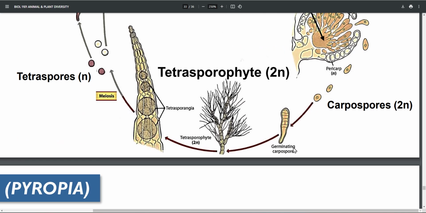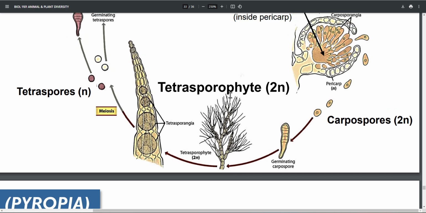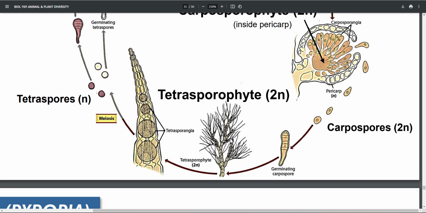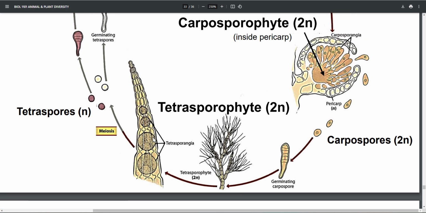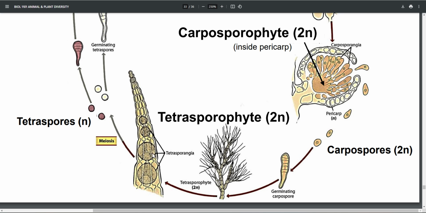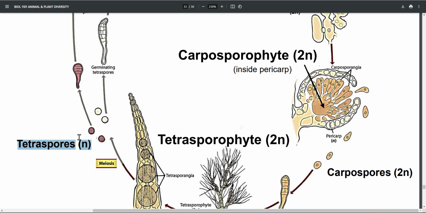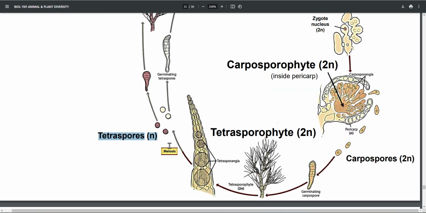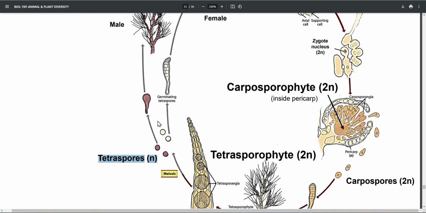And then the germinating carpospore would form into a tetrasporophyte, and the tetrasporophyte would include tetrasporangia, which are parts of the individual that will undergo meiosis to spawn tetraspores. And this is meiosis, and these are haploid.